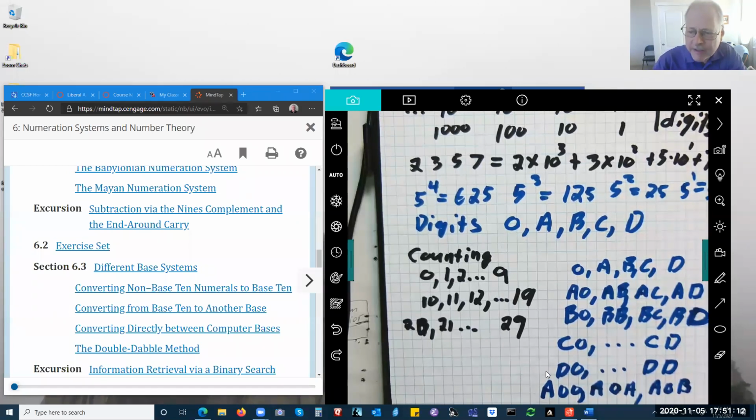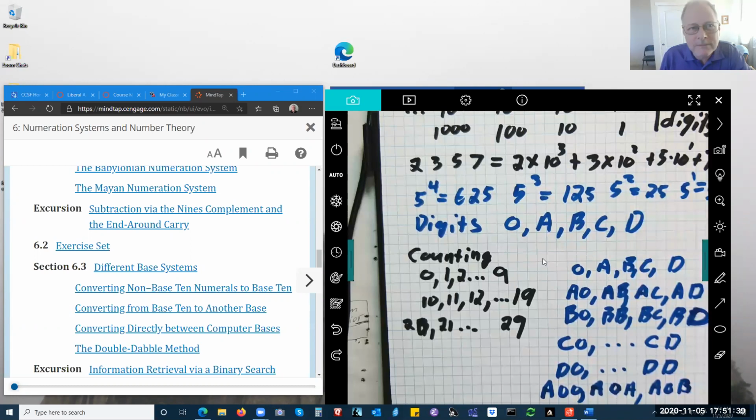So that's how you count. You just pick how many symbols you want to invent. 10 if you're looking at your fingers, or 5 if you're only looking at one hand, or if you'd like to really minimize the number of symbols, get it down to just 0s and 1s, you could have a base 2 system.